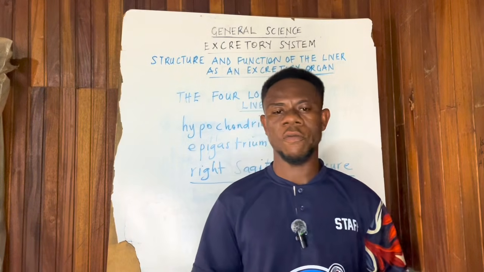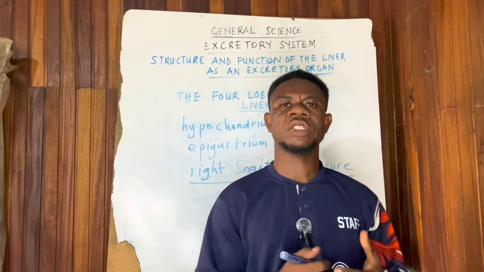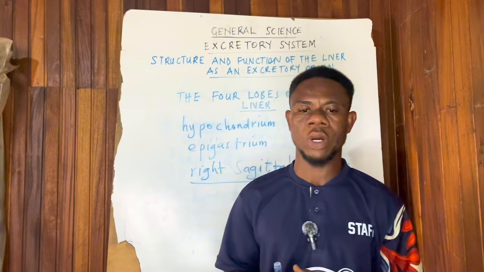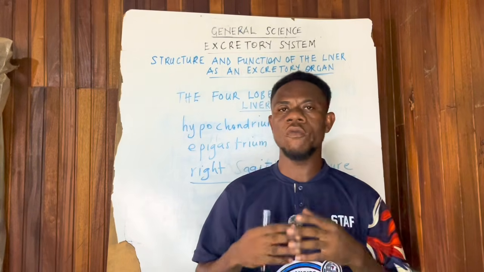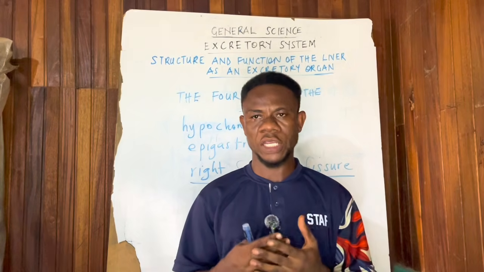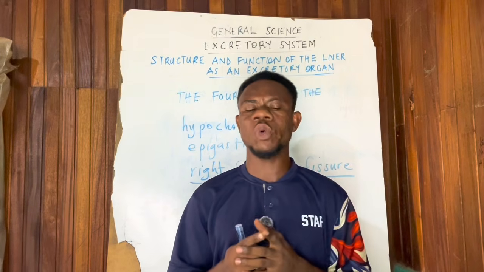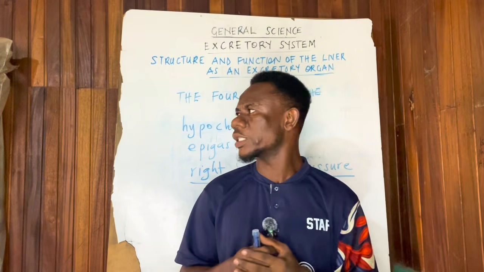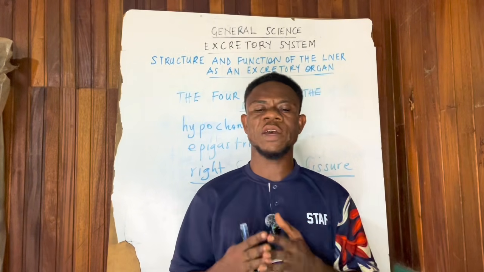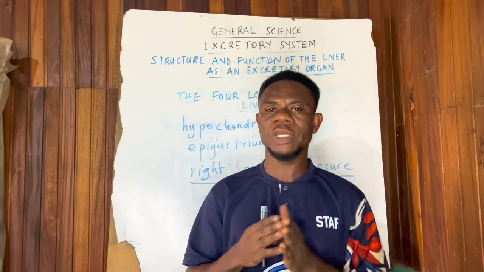What is the function of the caudate lobe? It assists with the metabolic functions and contributes to the overall liver functions. The last one is the quadrate lobe. The quadrate lobe is a small lobe at the front, or anterior, of the liver.